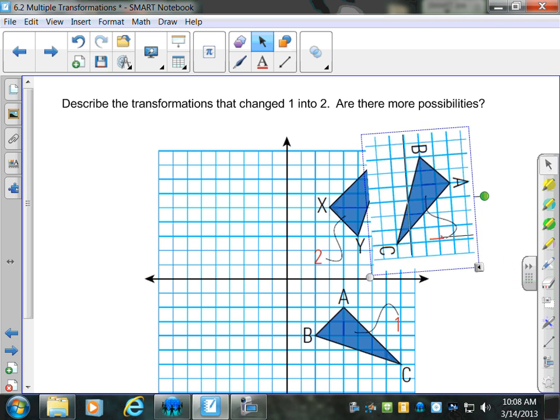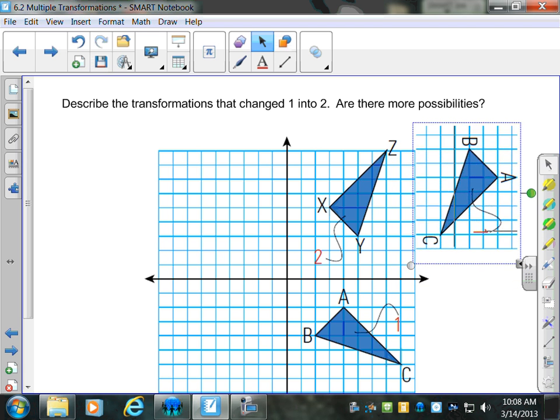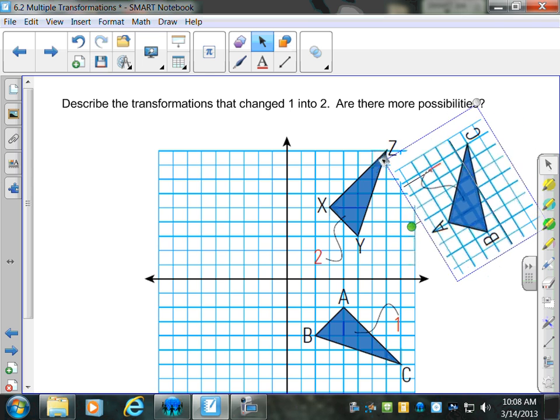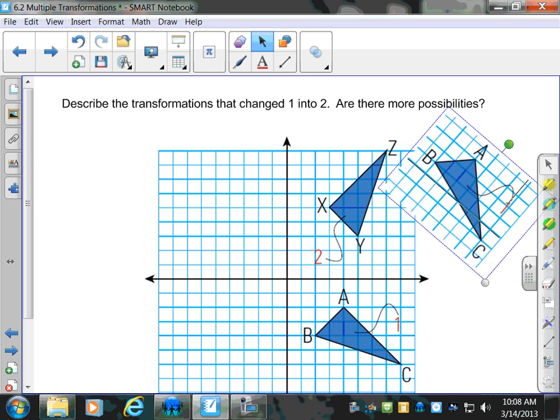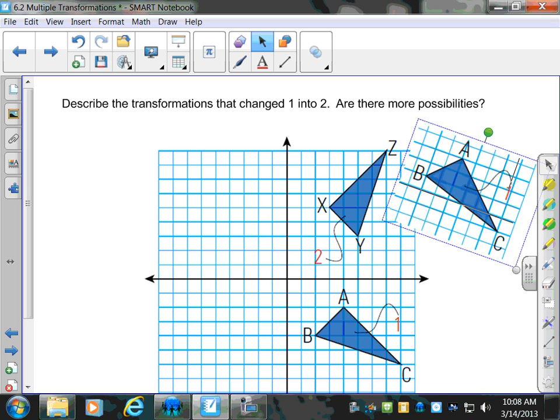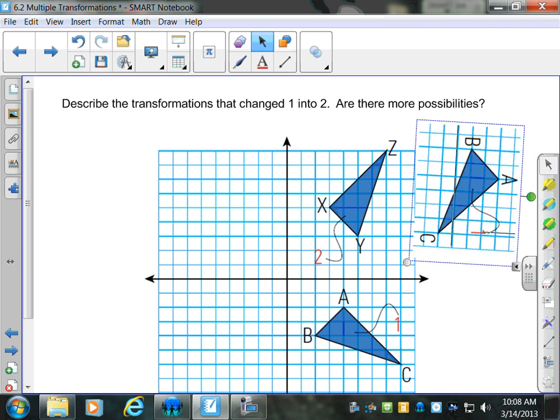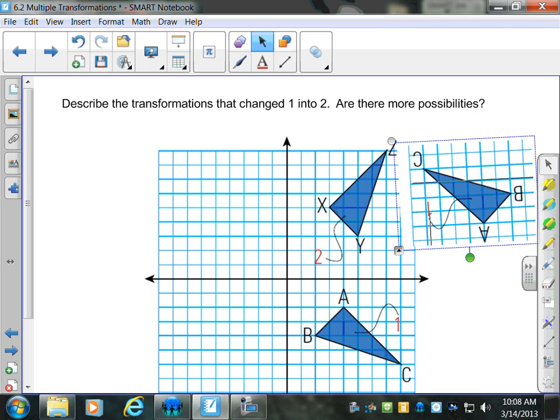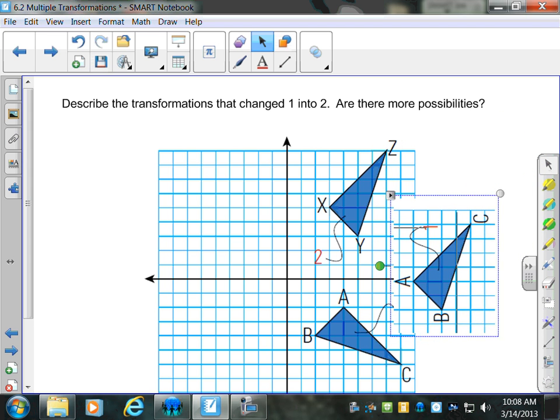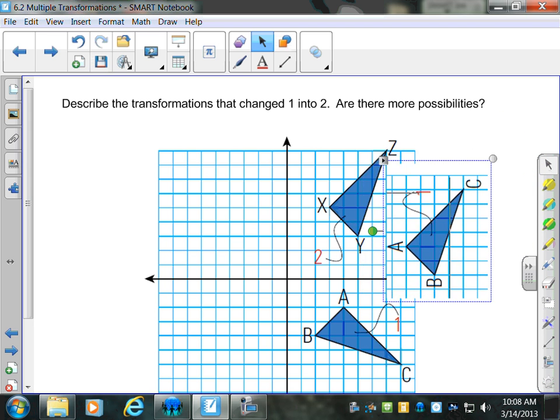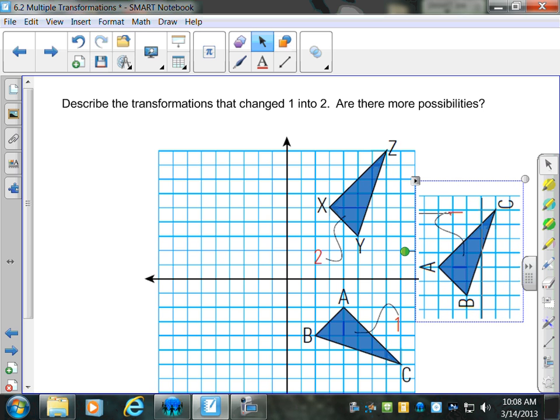Does it look more like that picture there? Just going to keep rotating it. Oh, that looks about the same. So originally it was like this. How much did I have to rotate it? Well, that's 90, 180, 270 degrees. If I rotate that 270 degrees, now it's the same as the original. So there was definitely a rotation.